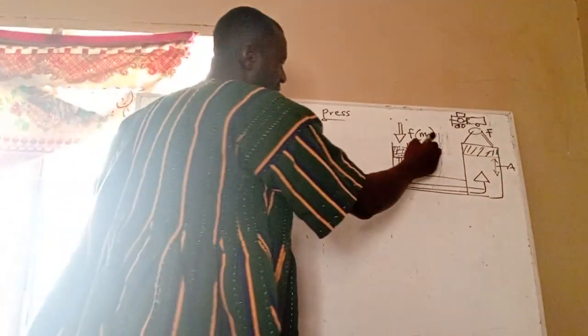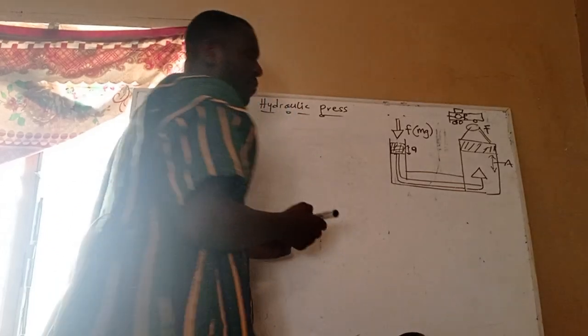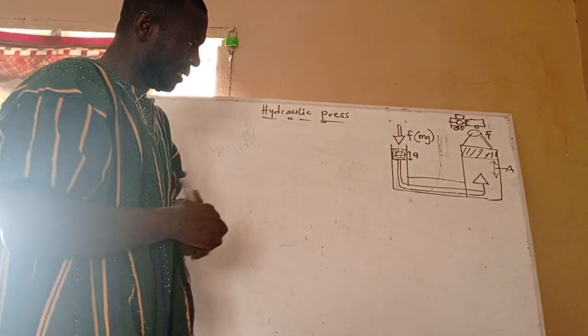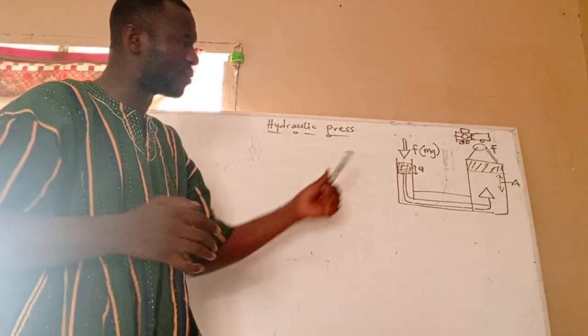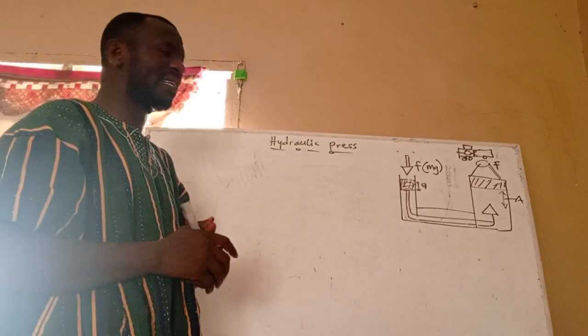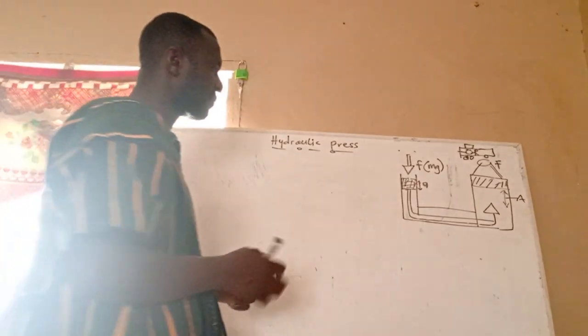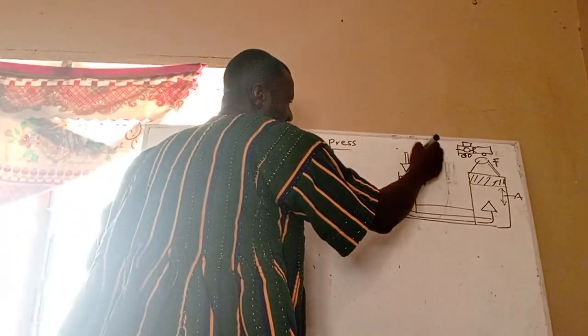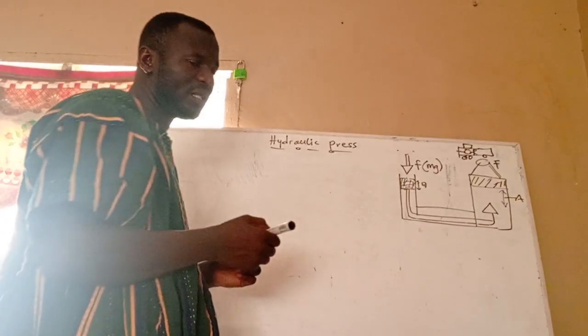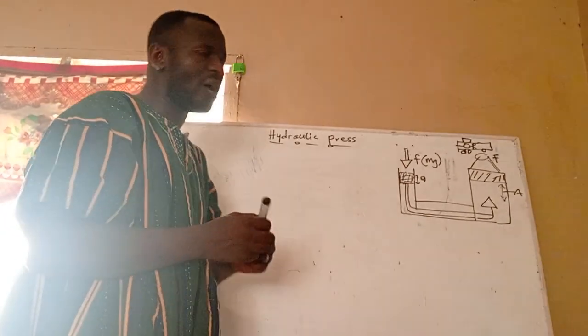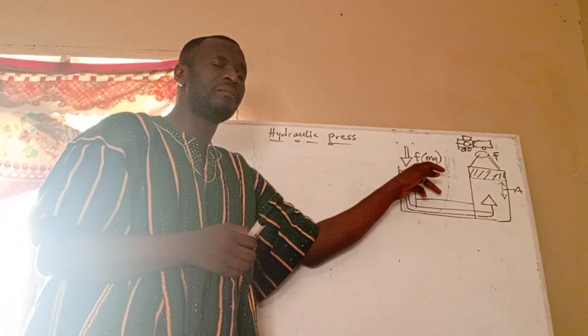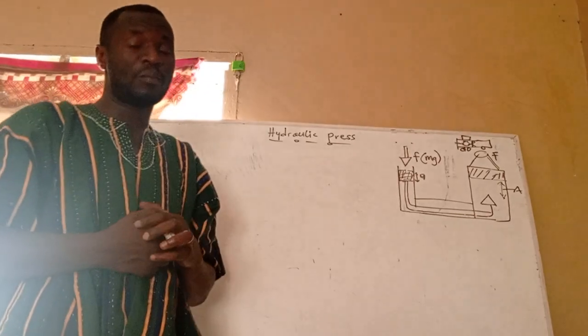So small a represents the area within the master cylinder in the first part. We also represent the effort applied, which is the force, by small f. And we know that force is also calculated as mass multiplied by what?